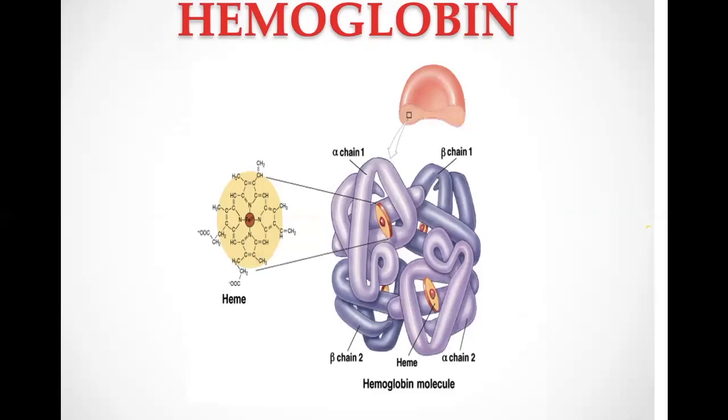Now, just recap. We showed you the picture in Harper's of myoglobin. Myoglobin is a tertiary globular protein, and it has how many alpha helices?